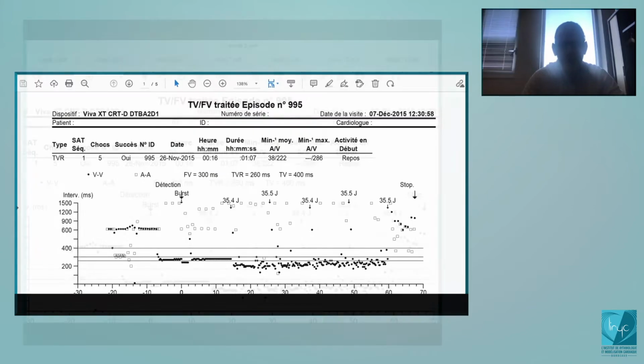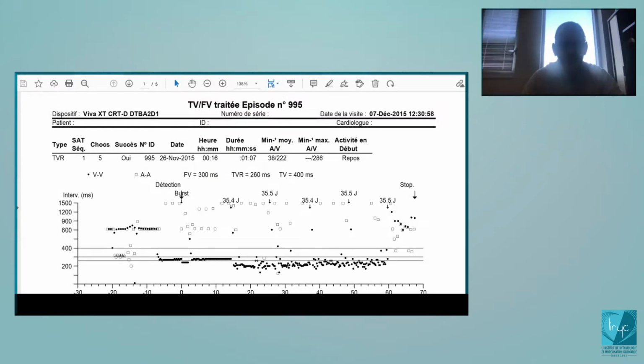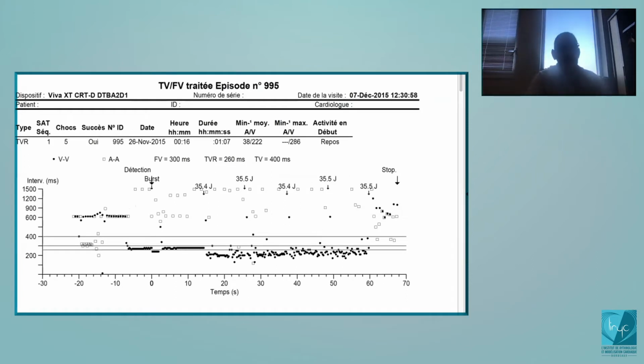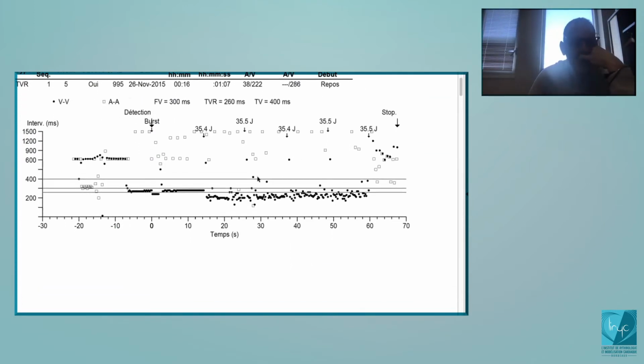And another example of this, you see here the tracing. What do you think here? Okay, so you see an AV dissociation with an acceleration of the ventricle. One first burst here, and it's in the fast VT zone probably. Yeah.